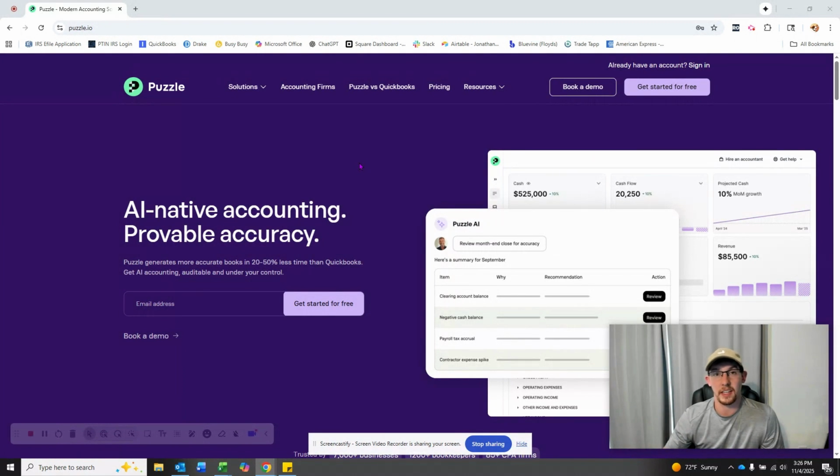And so, Puzzle, in my opinion, is set up really well to help folks who run businesses that have subscription-based income or are doing things like software as a service, because it pairs really well with Stripe. And so whenever you pair Stripe and Puzzle together, you can sync and integrate those two systems to showcase, okay, here's my different revenue streams.